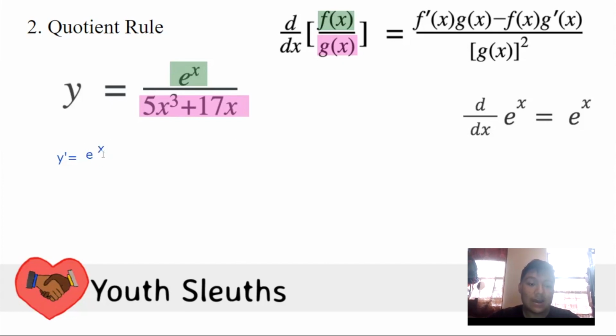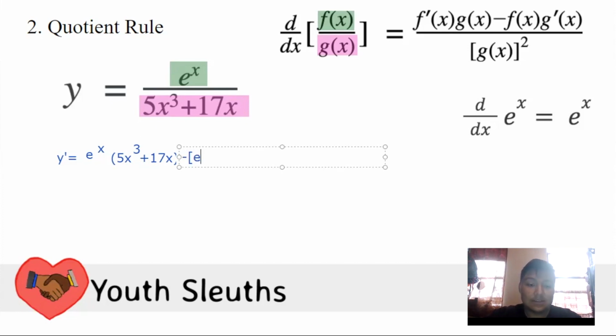And we have that being multiplied by 5x cubed plus 17x. Now, again, we must subtract and not forget our brackets because as we learned from the previous slide, a student can make a mistake by forgetting to distribute.